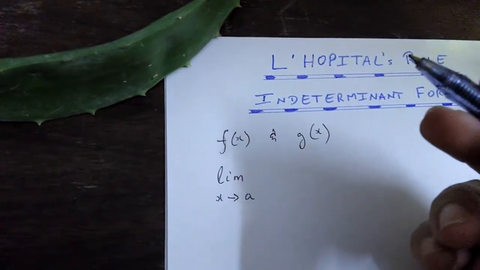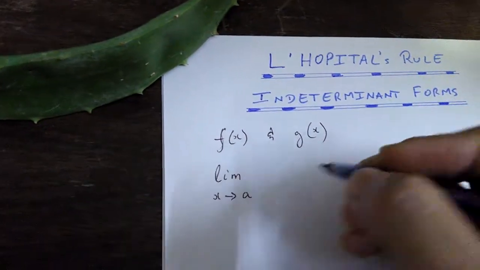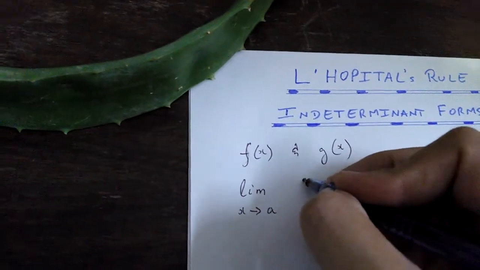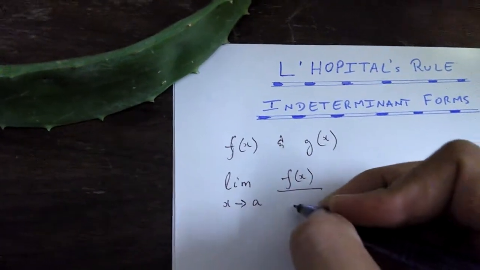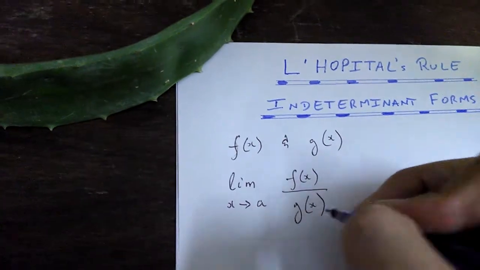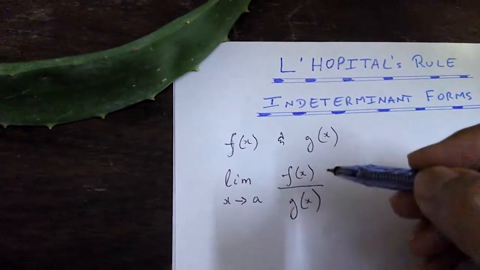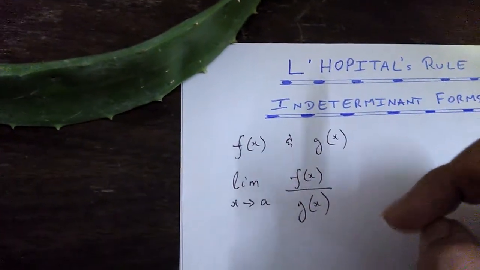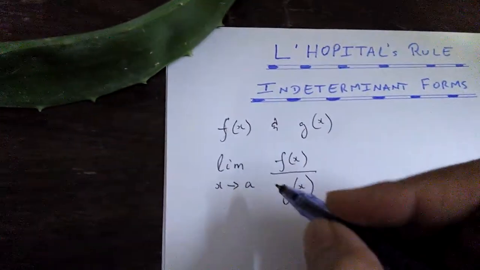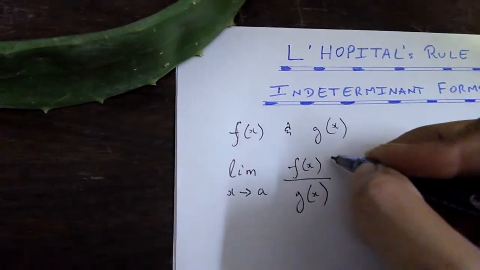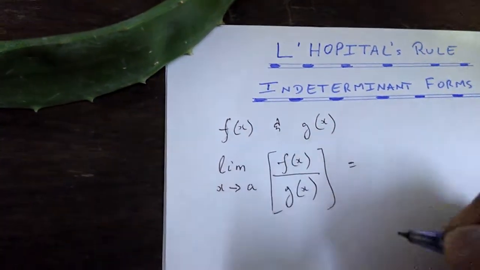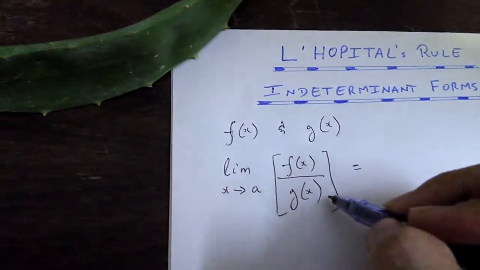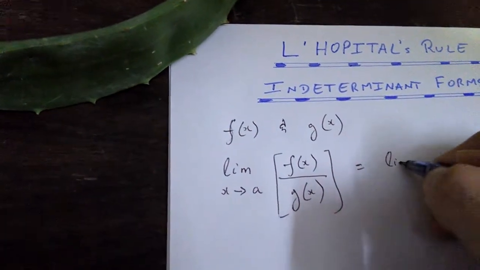It could be finite, it could be infinite, no matter what, it is a real number. Here f of x and g of x are adjusted in the form of a quotient, so they both collectively form a rational function. Once I apply the limit on this entire quotient of functions, the limit is applied individually on the numerator function as well as on the denominator function.